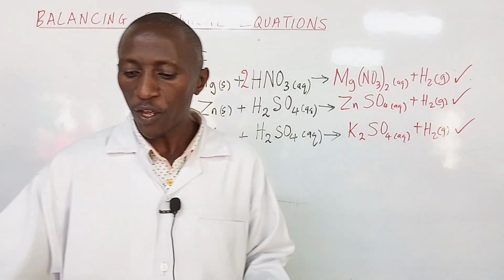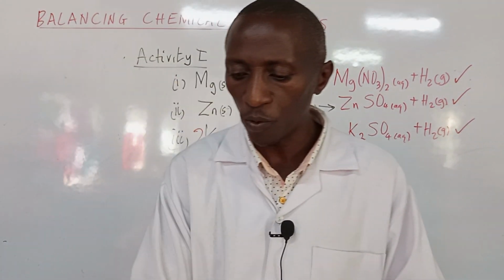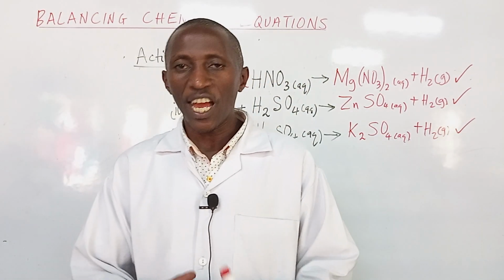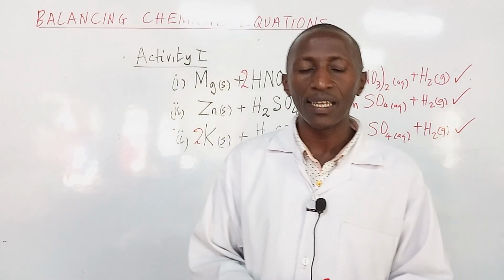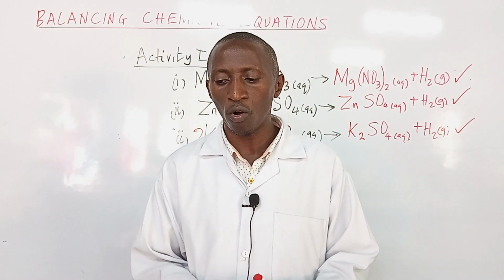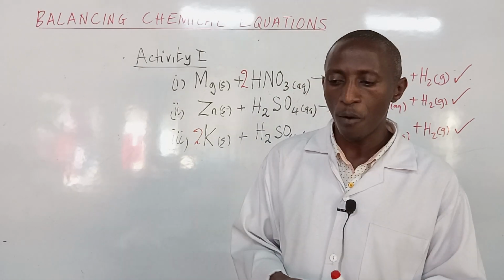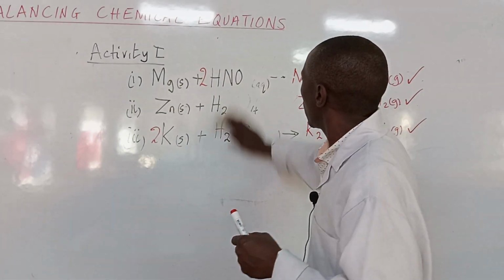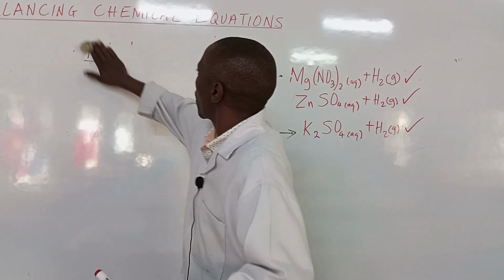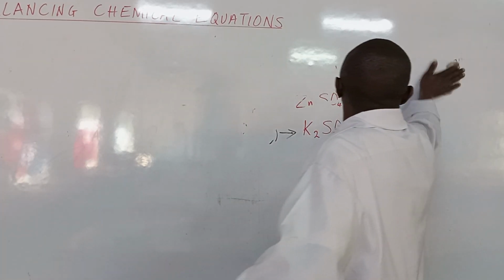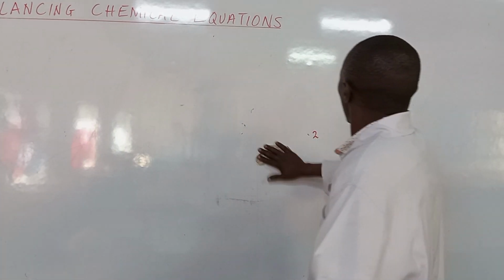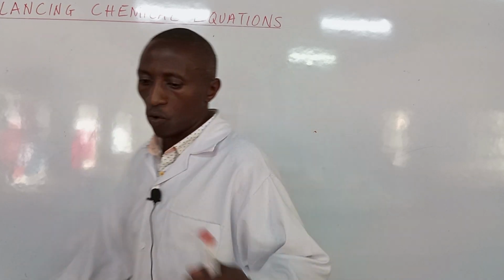We move on with part 2. In part 2, we look at the reactions of dilute acids and alkalis, or what we call soluble bases. So that is going to be our second subtopic here. So let's move on.